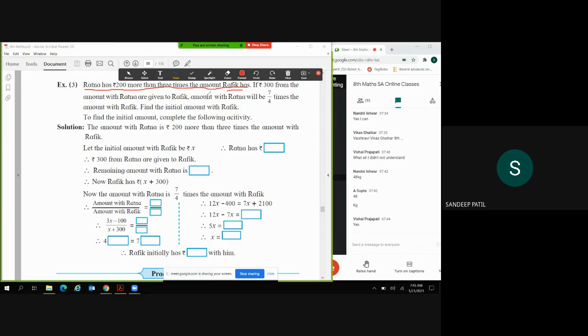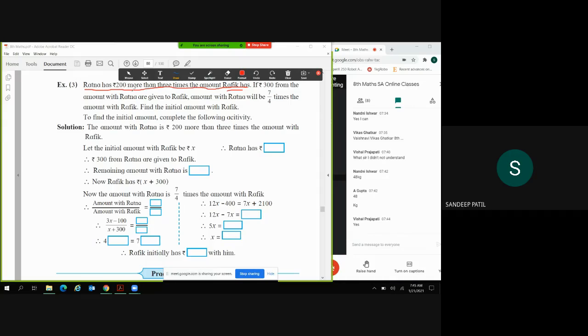Otherwise we can solve by assuming Ratna as x or Rafiq as x, no problem. But here we can see that this is 3 times the amount Rafiq has, right? So we have to assume Rafiq.